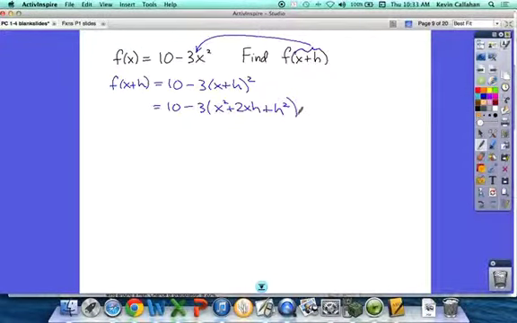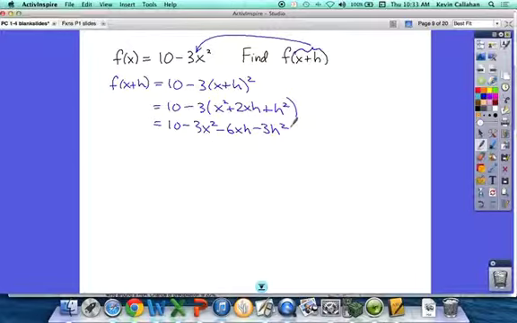Because we FOIL, it's a square. It's x squared plus h squared, that's this one and this one, plus 2 times the inner product, 2 times xh. And now we still have to do this. 10 minus 3x squared minus 6xh minus 3h squared.